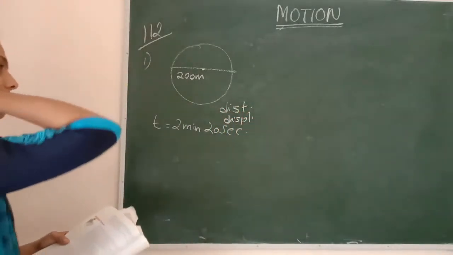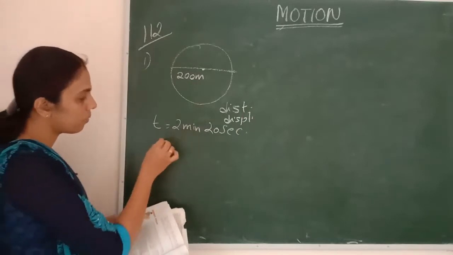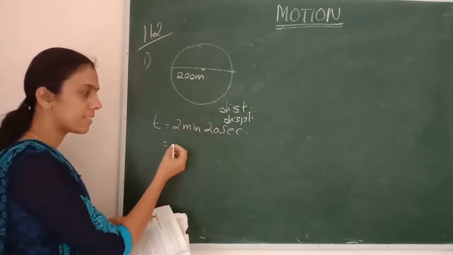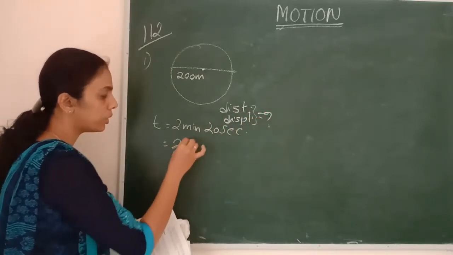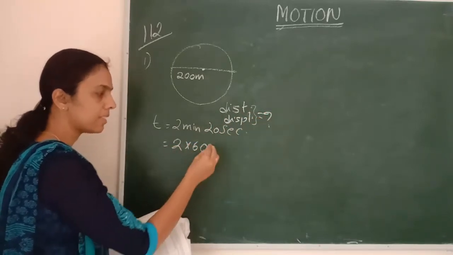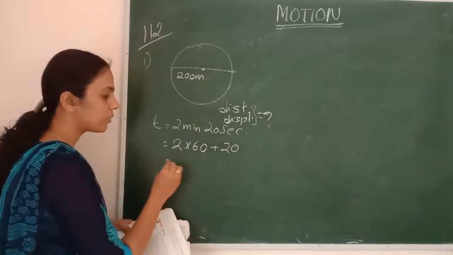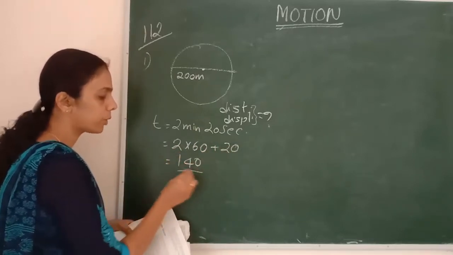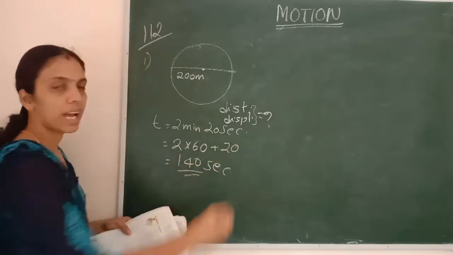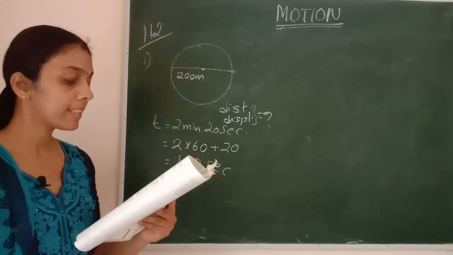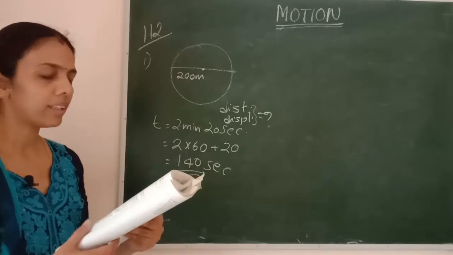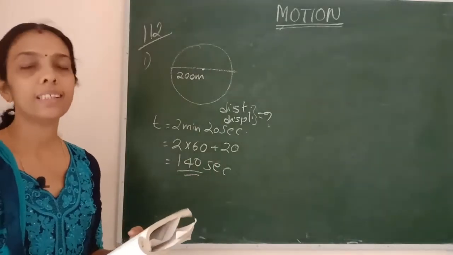Tell me how we can convert it into SI unit. 2 into 60, that is minutes, plus 20, so it will be equal to 140 seconds. So the time required is 140 seconds. In 140 seconds, what will be the distance covered and displacement?